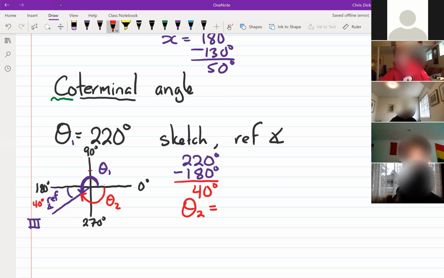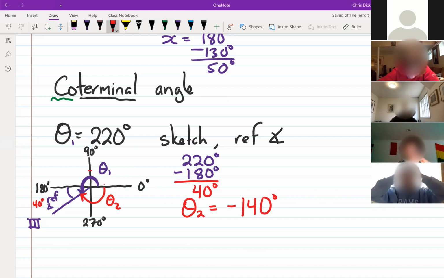So this red angle must be 180 minus 40, which is 140. But because it's rotating the other way, it has to be negative 140. So negative is just like a direction. If you've ever done physics before, you get negative vectors and positive vectors. So really just a direction.